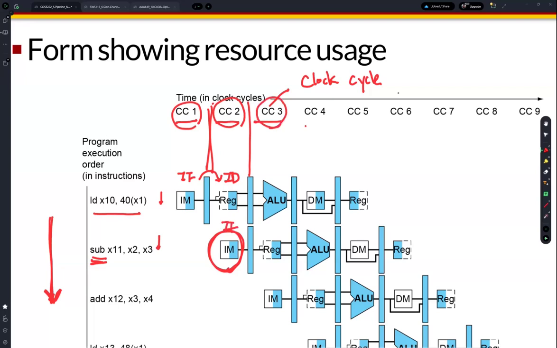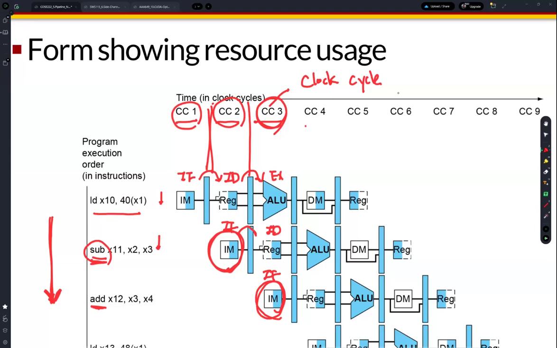And then in clock cycle 3, the load instruction in the ID stage is propagated to the EX stage, right? And then the sub instruction is in the ID stage. And then the next instruction, the add instruction, is in the instruction fetch stage.